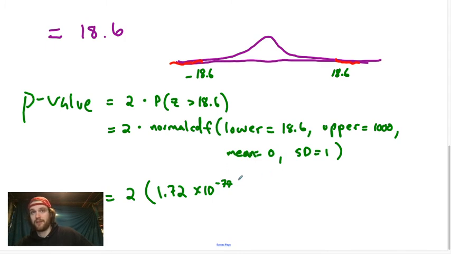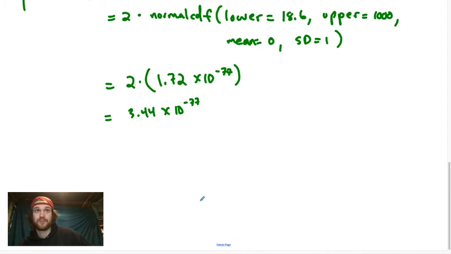So it's effectively 0. Multiplying by 2 is not really going to do a whole lot. Our p-value is 3.44 times 10 to the negative 77th. Yeah, which is approximately 0.